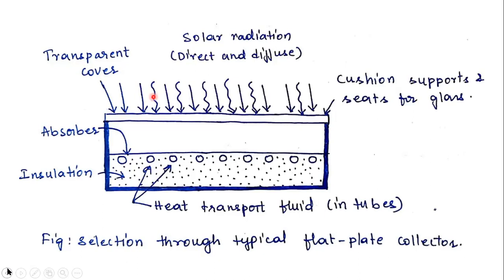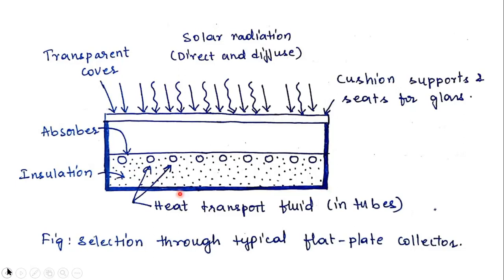It consists mainly of a flat surface that has high absorptivity, a high absorption rate for solar radiation. The solar radiation is absorbed by this surface, called the absorbing surface.